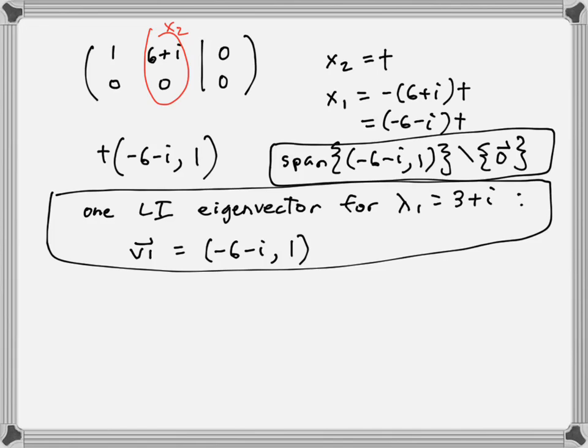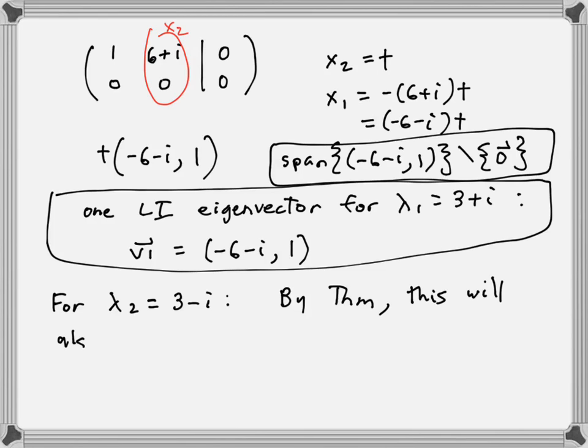Now, remember, if it wasn't for the theorem, we would have to do this again for the other eigenvalue. So what about for lambda 2 equals 3 minus i? By the theorem, we know what the other eigenvector is going to be. It's going to be the complex conjugate. This will also have just one linearly independent eigenvector.